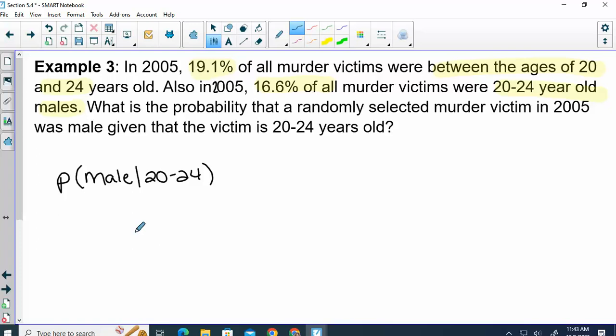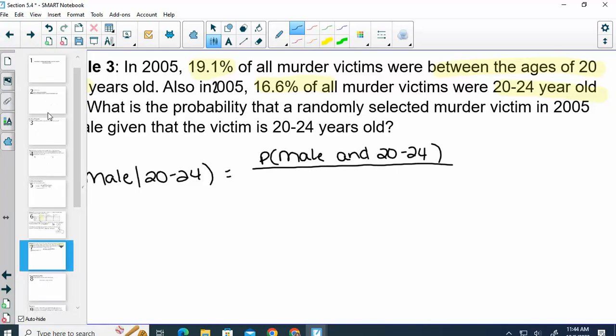So if I were doing this, I write down what I need, and I'm looking at my conditional probability rule, and it tells me the formula is the probability of E and F, so that's probability of male and 20 to 24, divided by the probability of what?